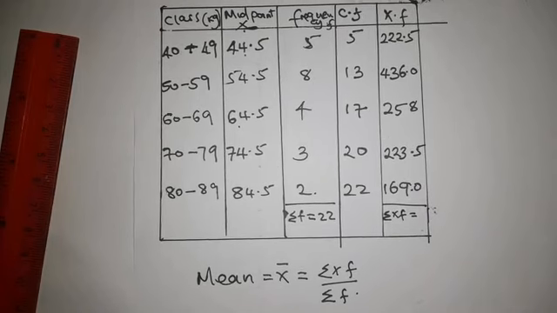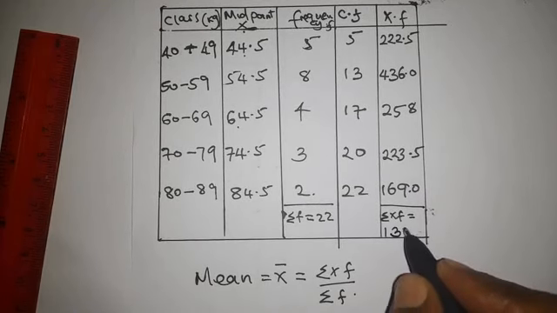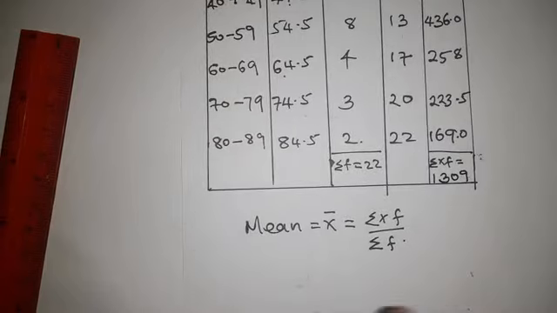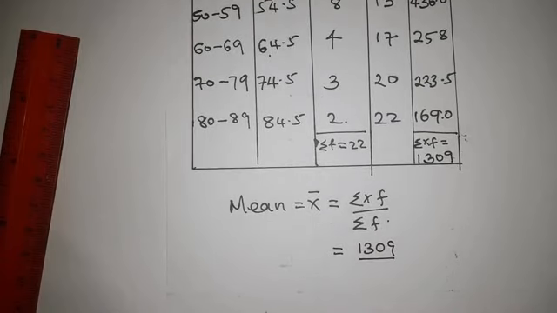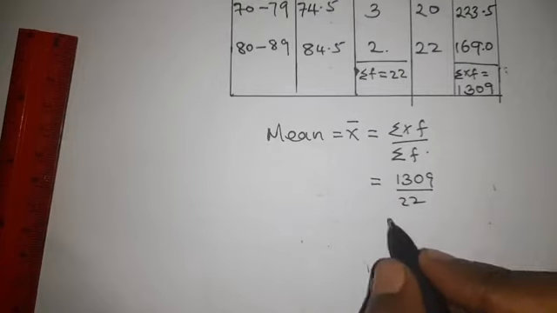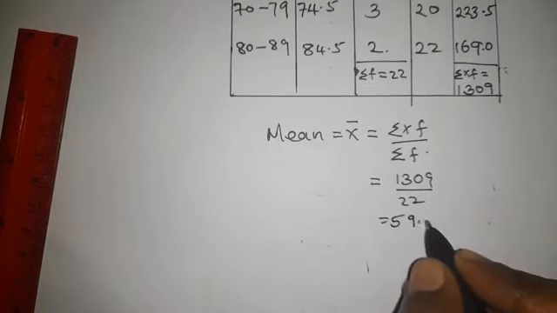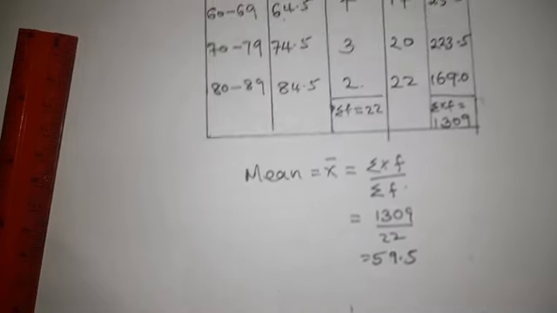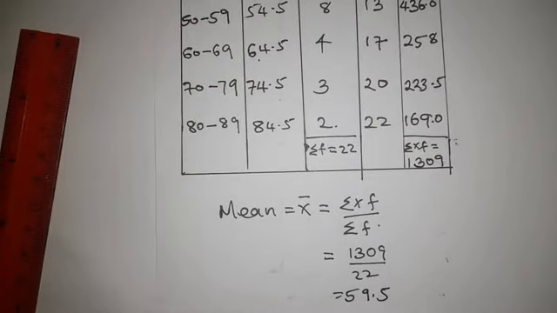The answer we get is 1309. So we substitute and get 1309 divided by 22, and our mean becomes 59.5. So we are done with our mean.